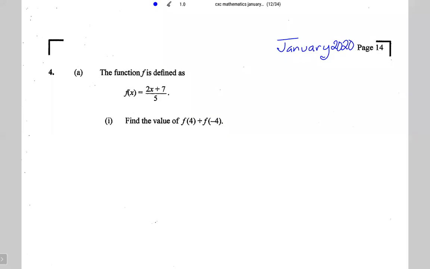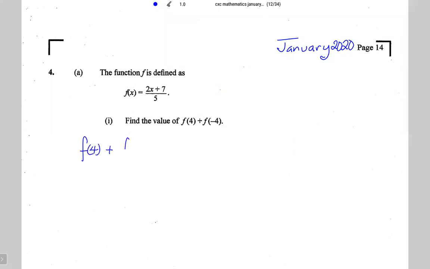All right, so this is question number 4, January 2020. A says the function f of x is defined as f of x is equal to (2x plus 7) over 5. We're to find the value of f of 4 plus f of minus 4.